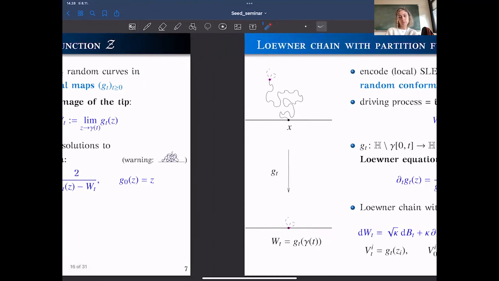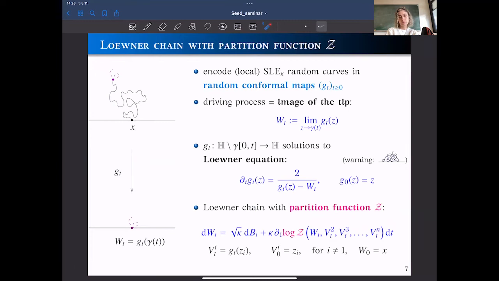Okay, so how does the interaction come into play? Now instead of Brownian motion, like I already said, the image of the tip, so the tip is there, the image is here, you take a Brownian motion plus a drift, and you need to figure out what kind of drift there can be so that it's describing this kind of multi-curve model. So there were supposed to be these other curves that I haven't drawn. You can derive some conditions on what can be here.